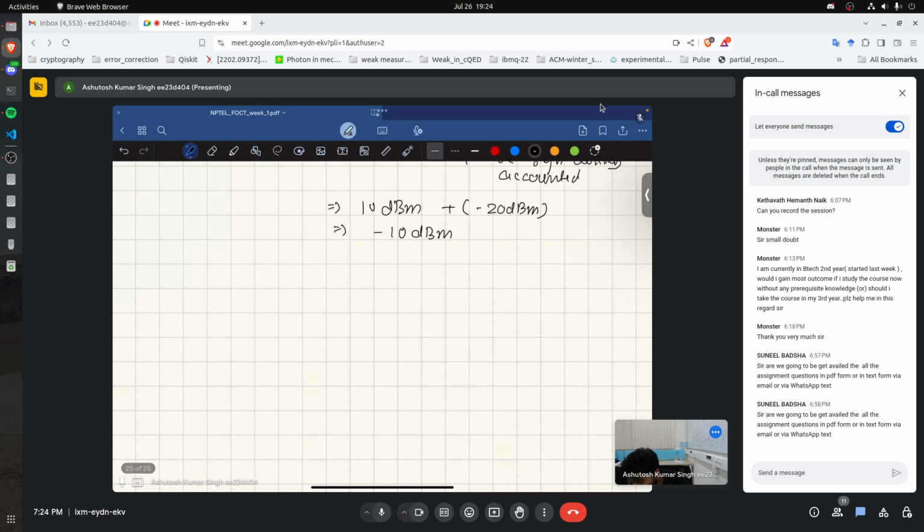And now if I have to convert this back into microwatts, which is question number 12. What is the value in microwatts?